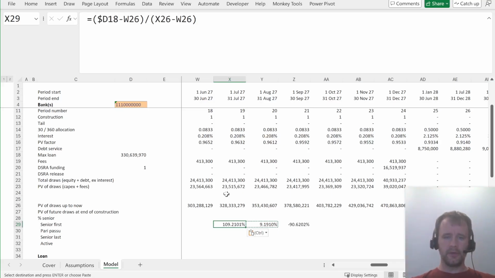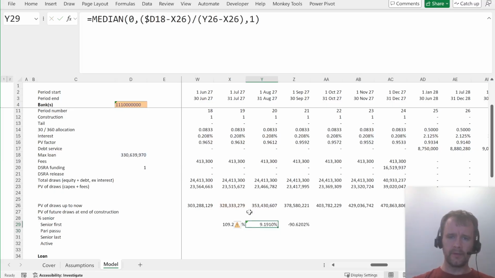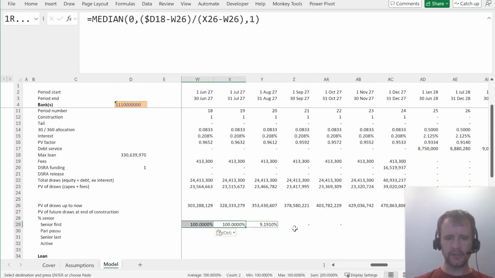Then this would say, here you can afford more than 100%, here you can afford less than 0%. But if I just wrap that in a median of 0 and this and 1, then it'll give me, here the middle value is the 9%, here it's flooring it at 0, here it's capping it at 100%.